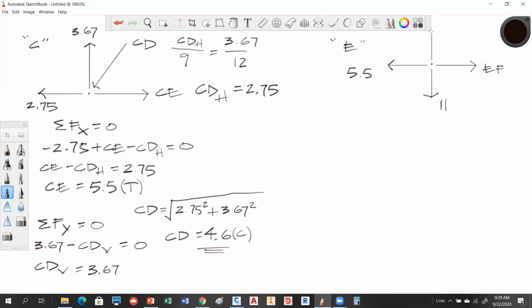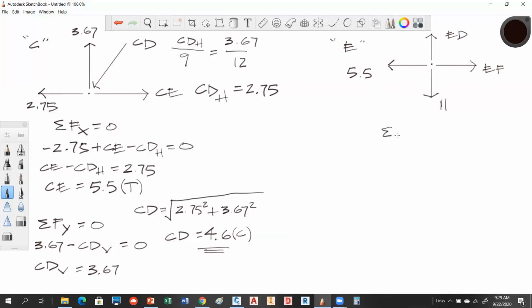Irvin, up or down? Up. Up, right, because notice you got 11 down and these guys are not doing anything, right? So the only way you're going to get equilibrium is that guy goes up, right? So we're going to call that member ED. Perfect.